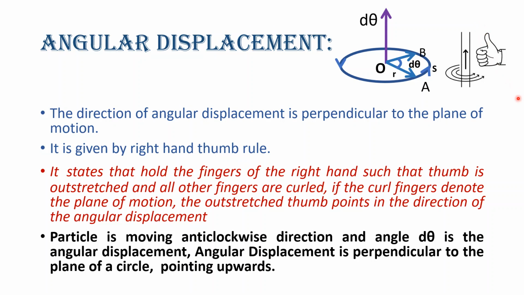That is, the particle is moving in an anticlockwise direction, d theta is the angular displacement. The angular displacement is perpendicular to the plane of the circle and pointing upwards. So if the particle moves in an anticlockwise direction, the direction of angular displacement is upwards using the right hand thumb rule.